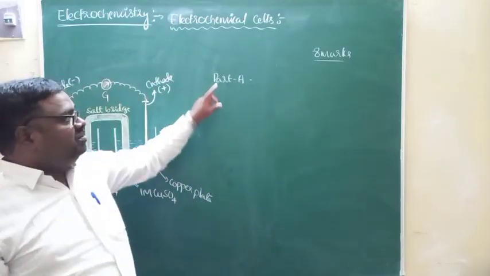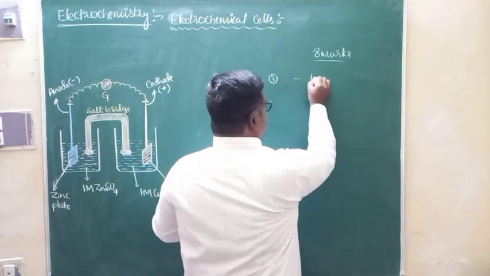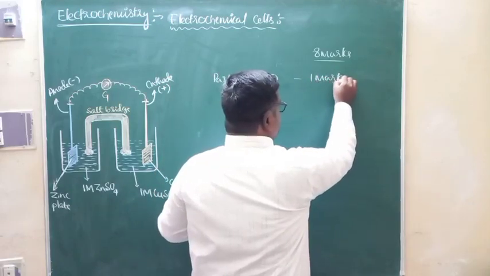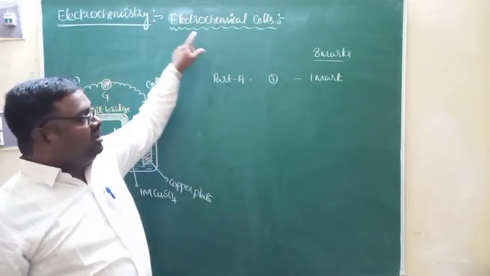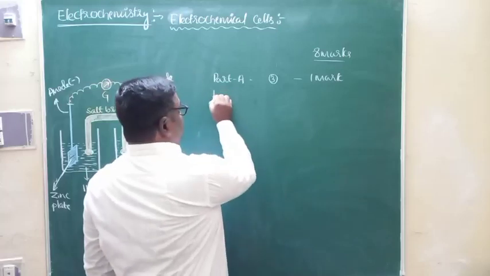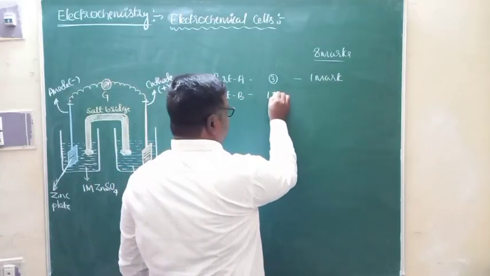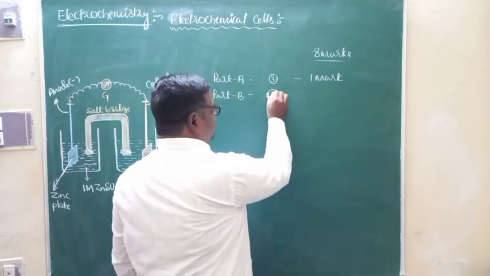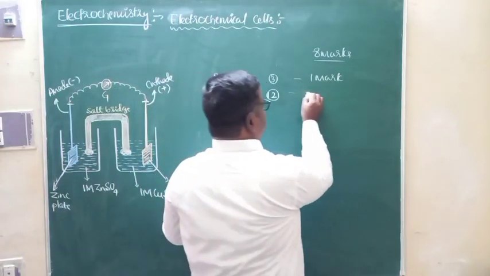Out of 8 marks, there will be one question in part A of the question paper, that is question number 3, that carries 1 mark, from electrochemistry. The second question will be in part B, question number 12, from electrochemistry, and that carries 2 marks.